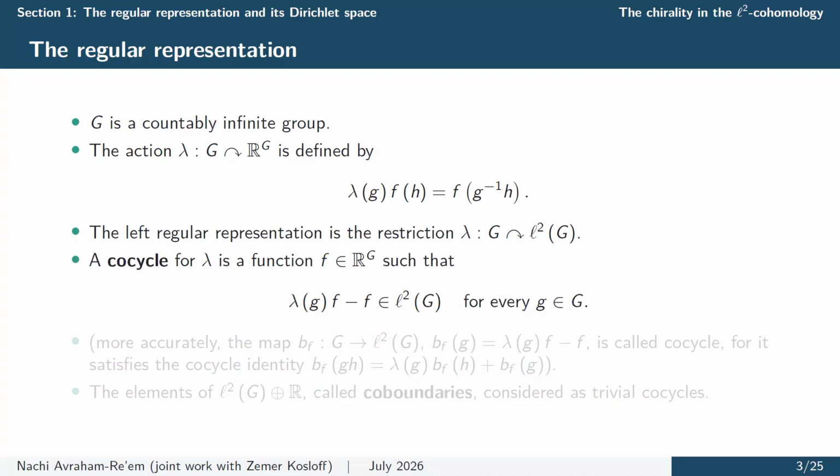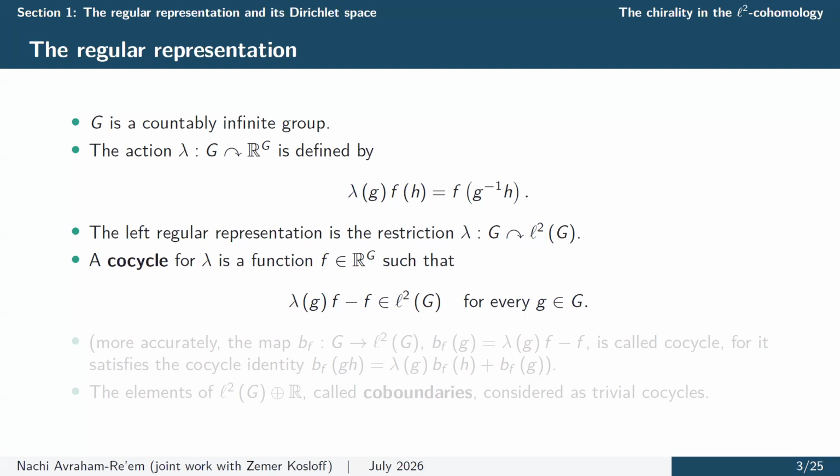Now, next, let me present another algebraic object defined for the group. We have the notion of cocycle for lambda. We have a more general notion of cocycle for a representation, but here I will specialize to cocycle for the left regular representation, lambda.